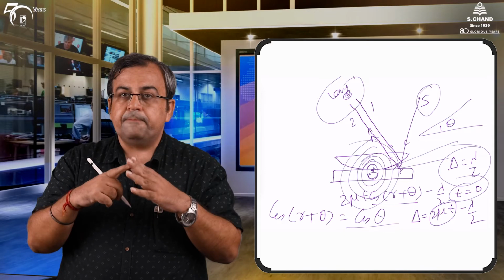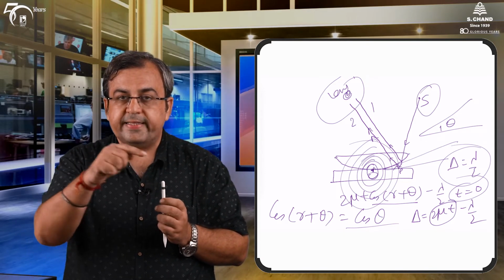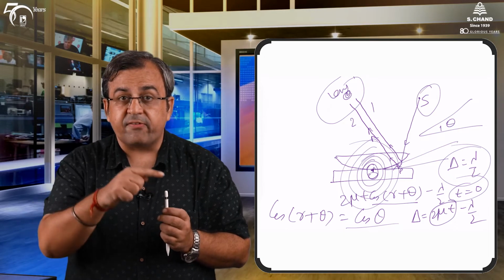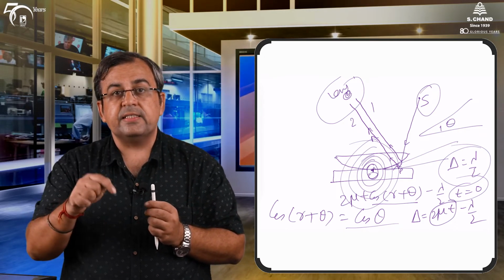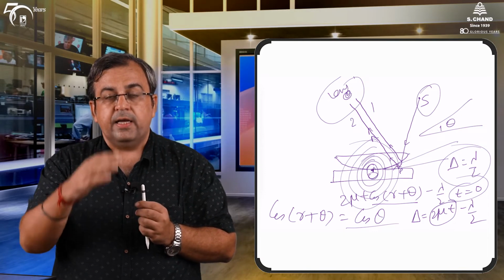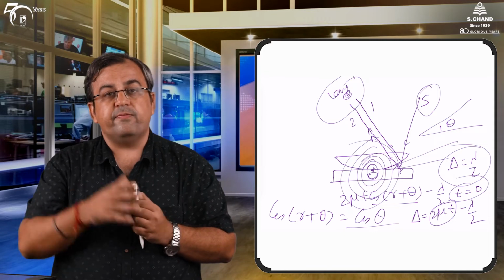As I said earlier, we are getting a dark spot and then concentric rings. We are getting concentric rings with a dark central spot, and alternately dark and bright fringes.